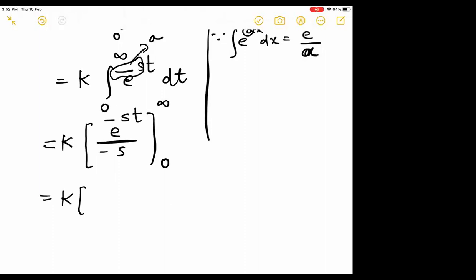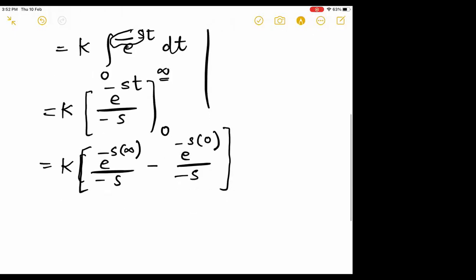Correct? And when you put the upper limit, you know definite integral, how it can be solved. First put the upper limit, that is infinity in place of t, and minus the lower limit. So e raised to minus s into infinity upon minus s minus e raised to minus s into 0 upon minus s. I'm just writing all the steps because you might have forgotten the integration procedure.